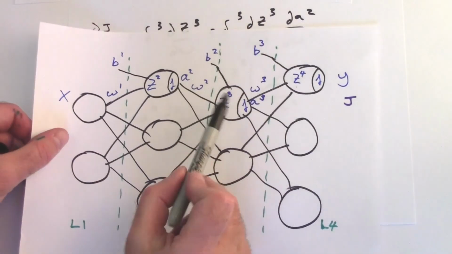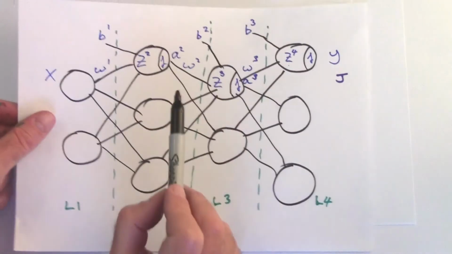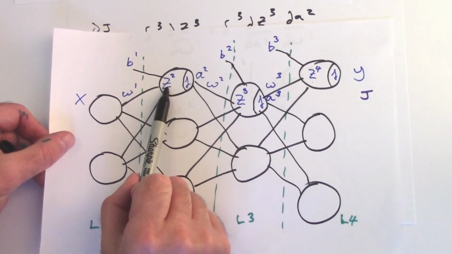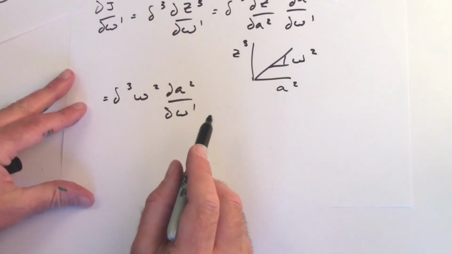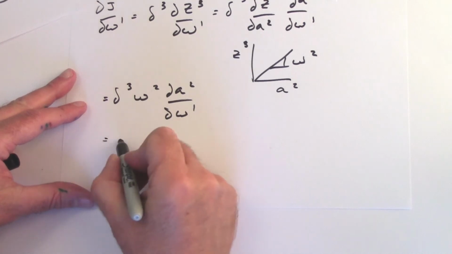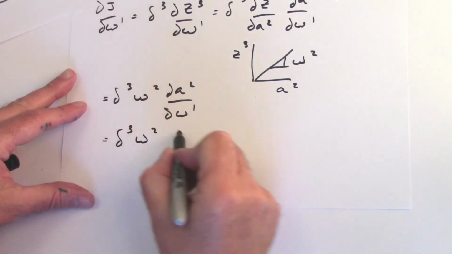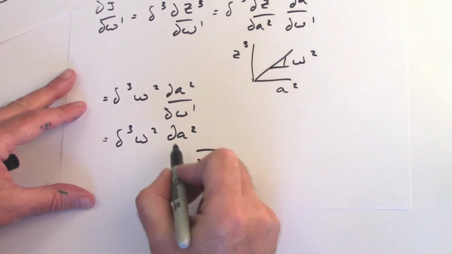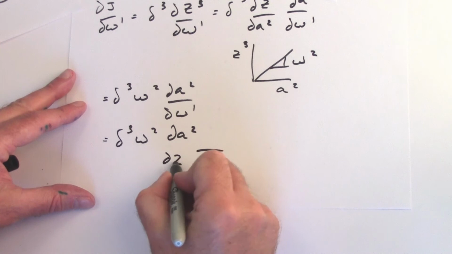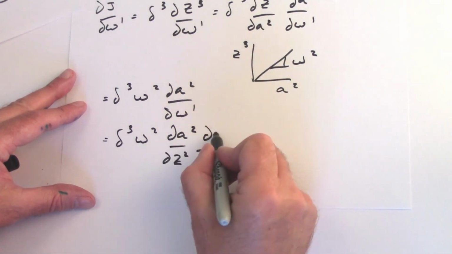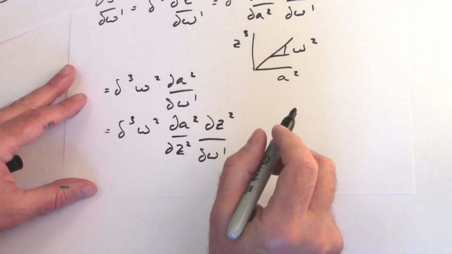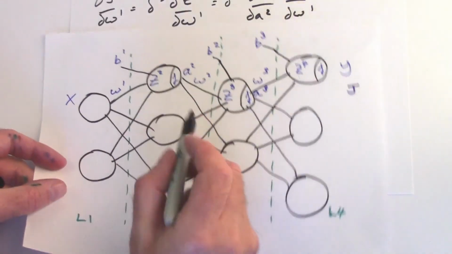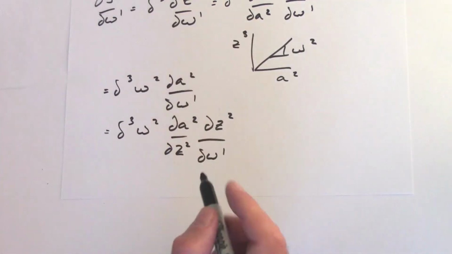So the next one back here, let's have a look. We've got a dA2 by dW1. Next one back here is Z2, so we can again use a chain rule, and we get del 3 W2 dA2 by dZ2 times dZ2 by dW1. Now then, dA2 by dZ2, it's that function again.